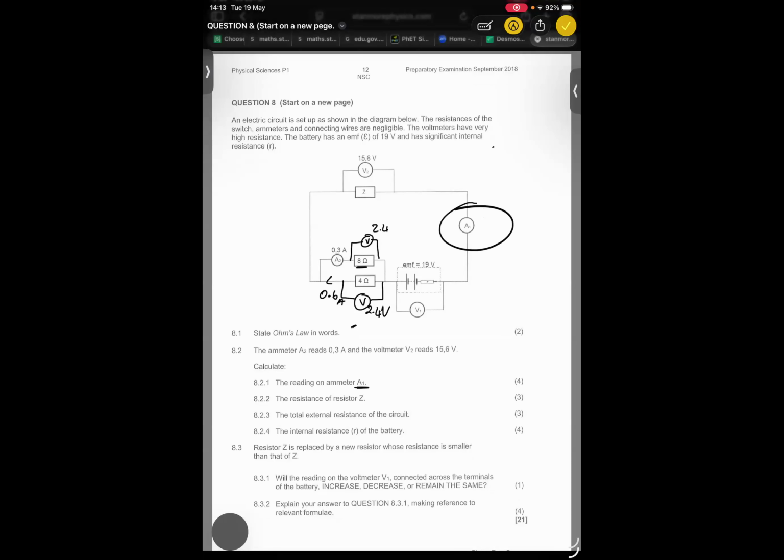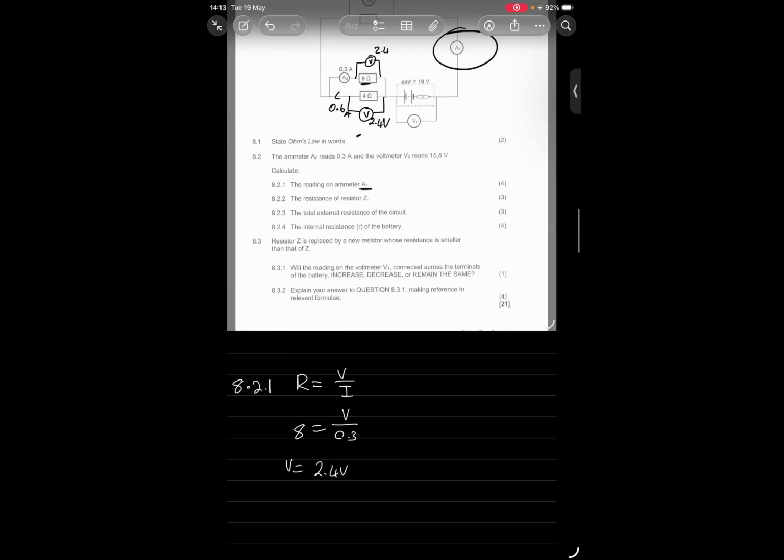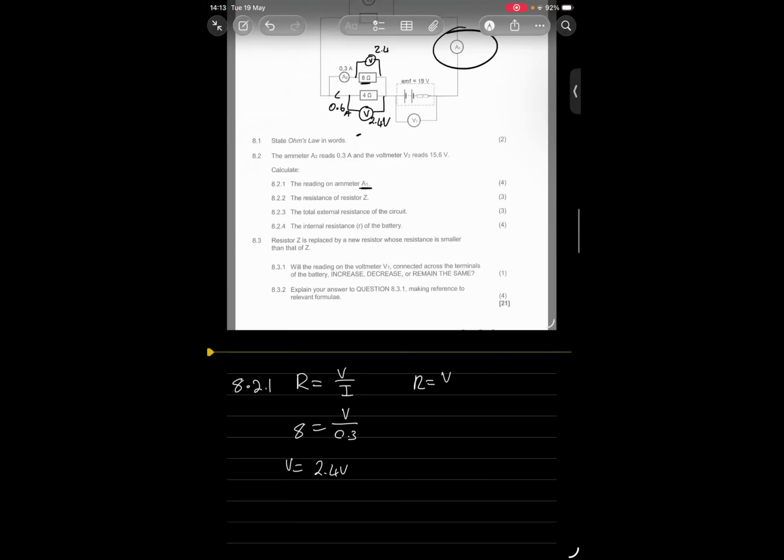Yes, it's gonna be 0,9. You get that? Basically, you know that the voltage across the 4 ohm resistor is gonna be 2,4. You repeat the same thing.